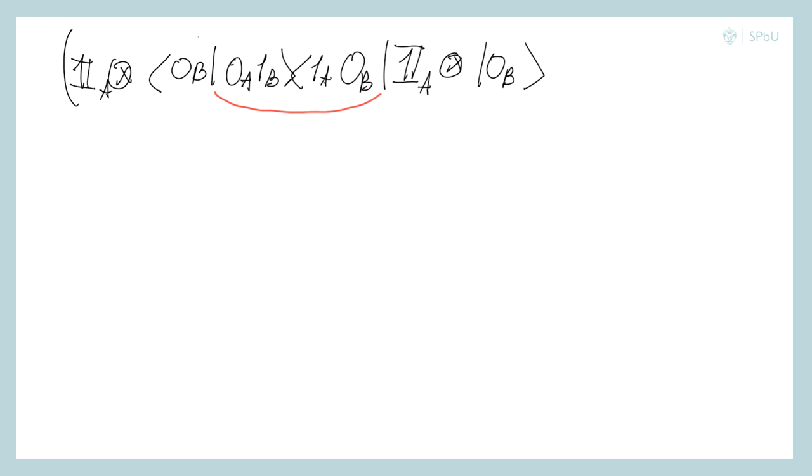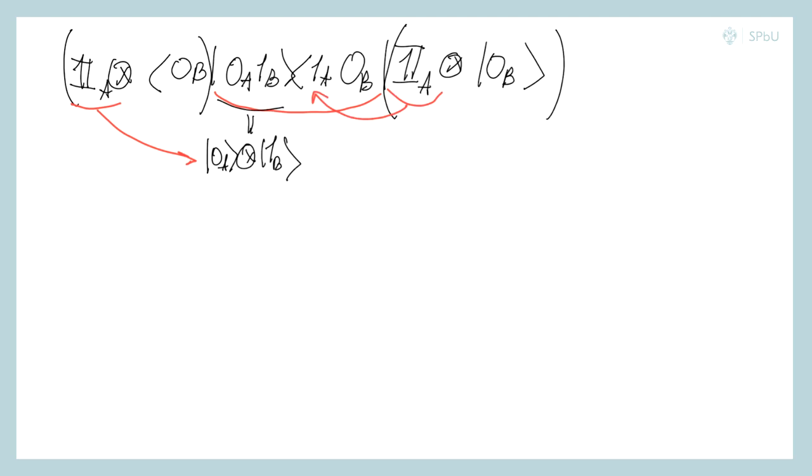And these two guys are from the definition of a partial trace. This thing is actually the tensor product of 0A and 1B. And we can use the identity A and apply it to the state 0A. It wouldn't change anything, and we can make the same procedure here. We can apply the identity A to the state 1A.